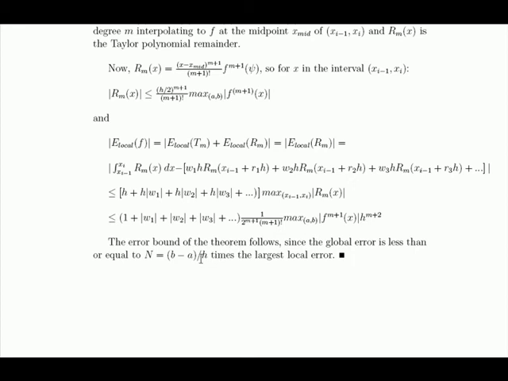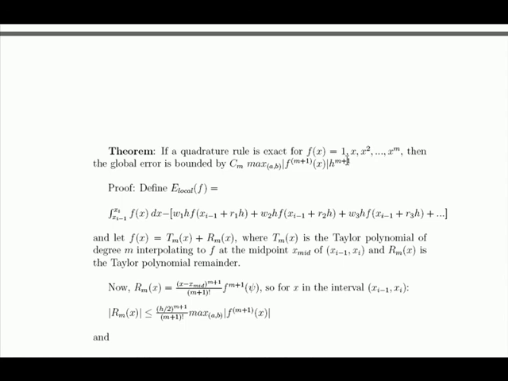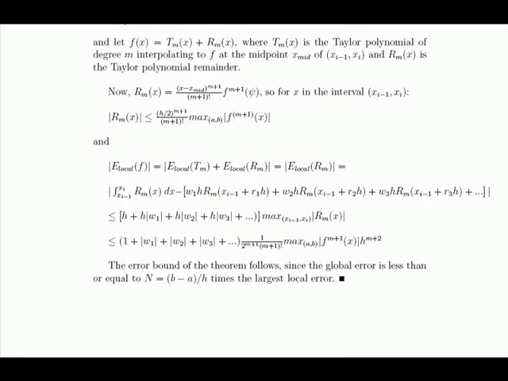and the global error is less than n times the largest local error, but n contains 1 over h in it, so you lose 1 power. So the global error will have h to the m plus 1 power. The local error is always one order higher than the global error, because the global error is n times the local error, and n is proportional to 1 over h.